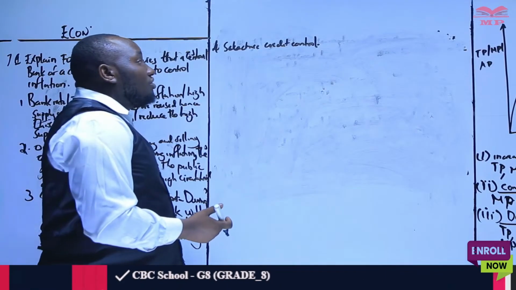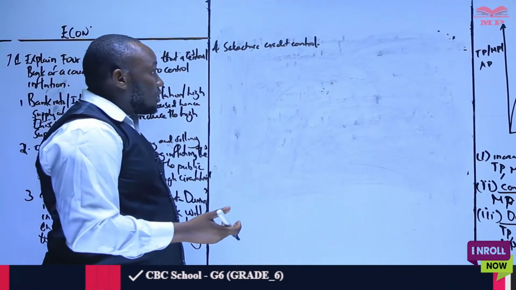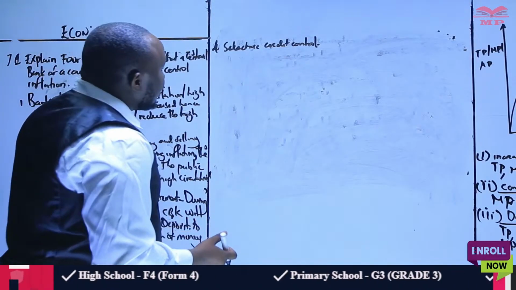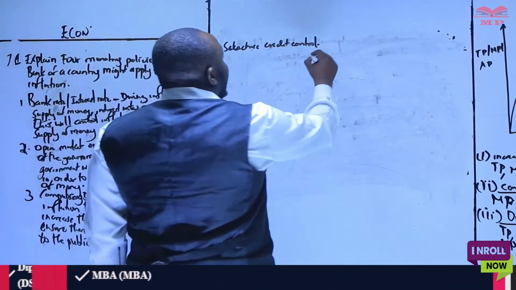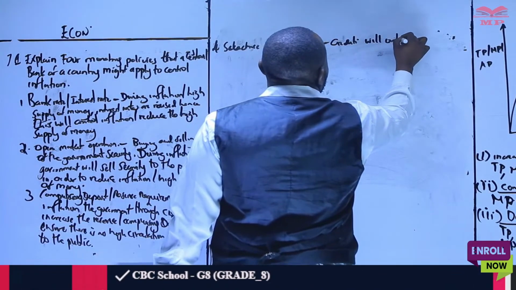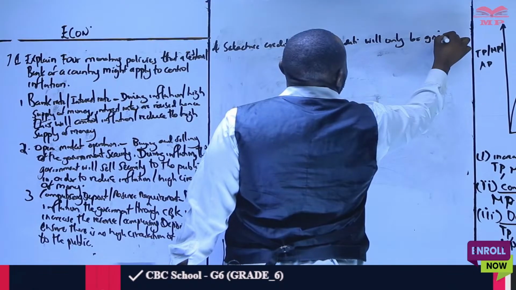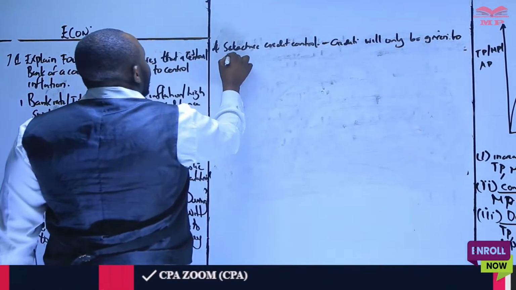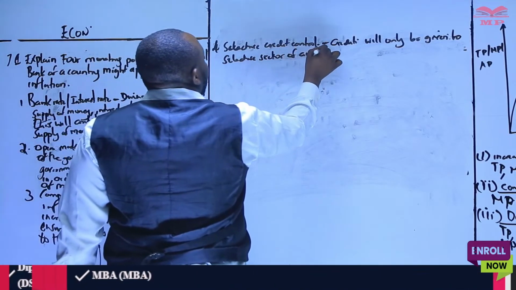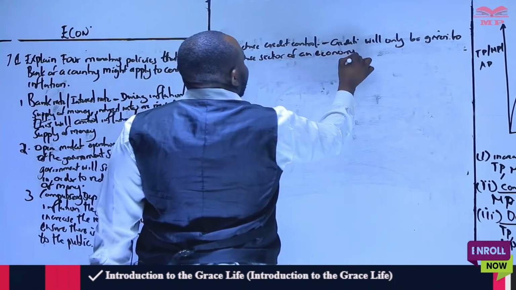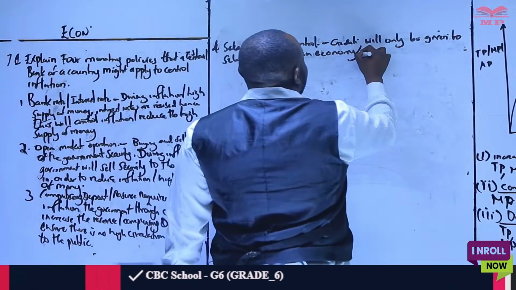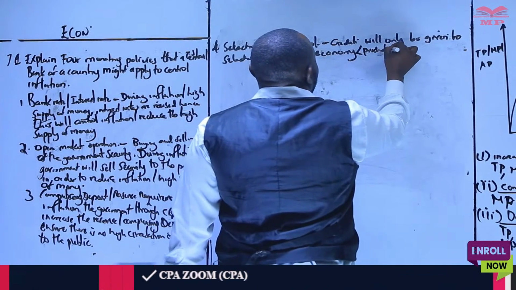But during inflation, the government through the CBK will apply selective credit control, where credit will only be given to a selective sector of the economy, basically a productive sector.